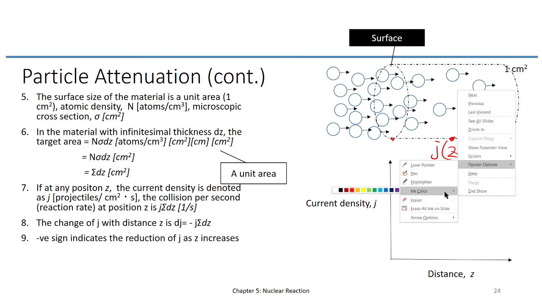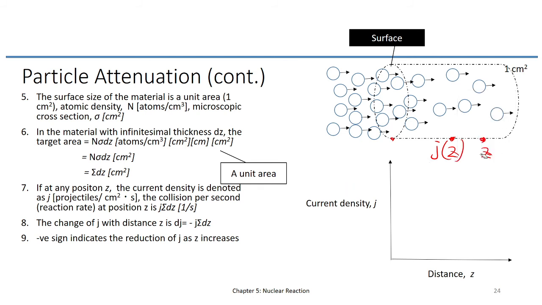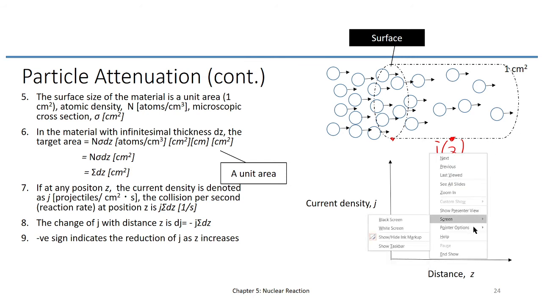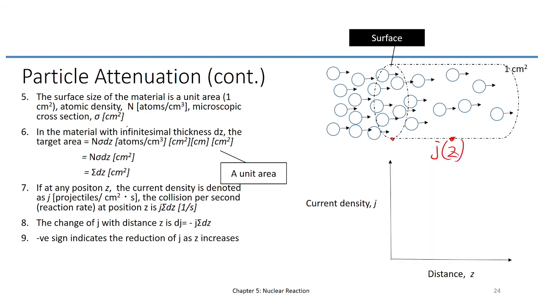So j is a function of z. J is a random variable. It depends on z. So j(z), the current density. This is the unit current density, like we discussed previously.